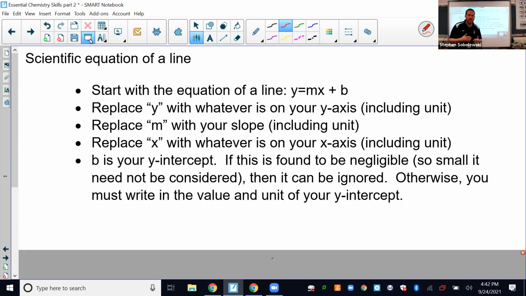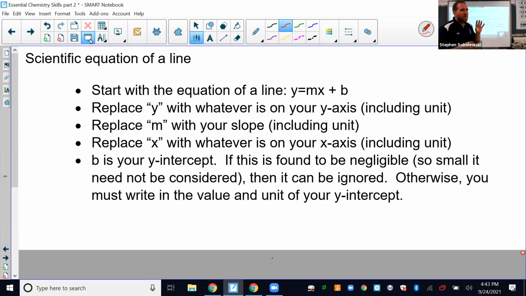So how do we determine whether it's negligible or not, whether you can ignore it or not? The threshold we use in Wilton chemistry is 5%. If your y-intercept is within 5% of hitting 0,0, then we consider it so close to the origin, 0,0, that we can ignore it. Now, when I say 5%, 5% of what?